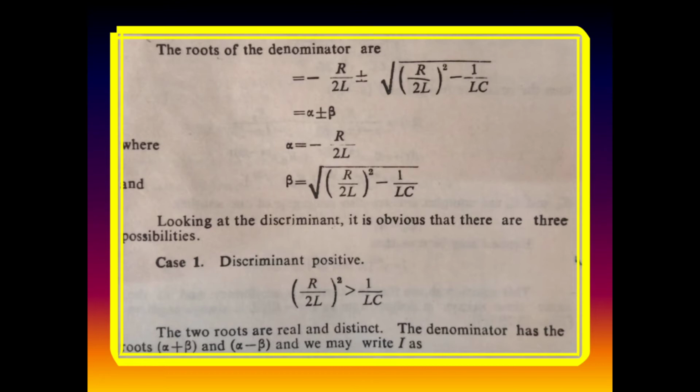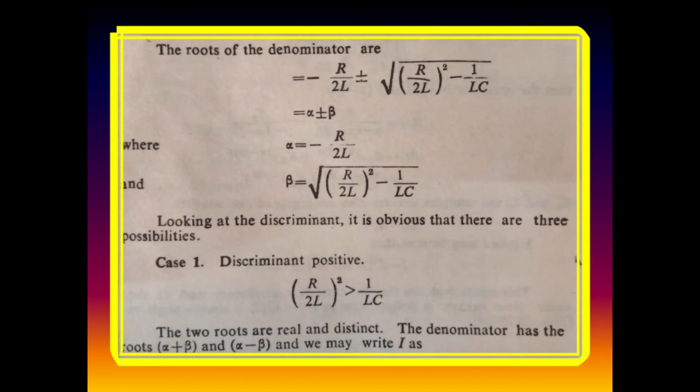First, case 1: the roots of this discriminant are minus R by L. For the solution of the given second order equation, we have minus b plus or minus the square root of b squared minus 4ac, divided by 2a.